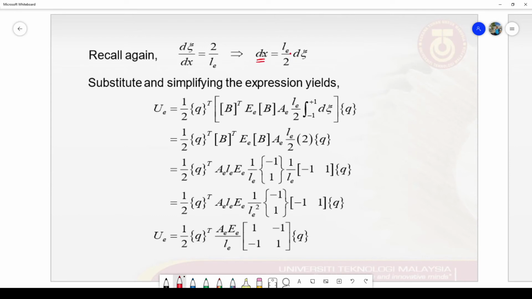Substituting the term dx in the equation by this term, we will get the internal strain energy written as a function of the natural coordinate system, which is given by this equation.